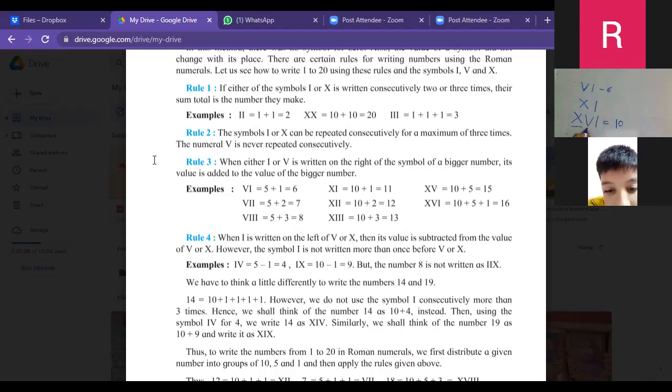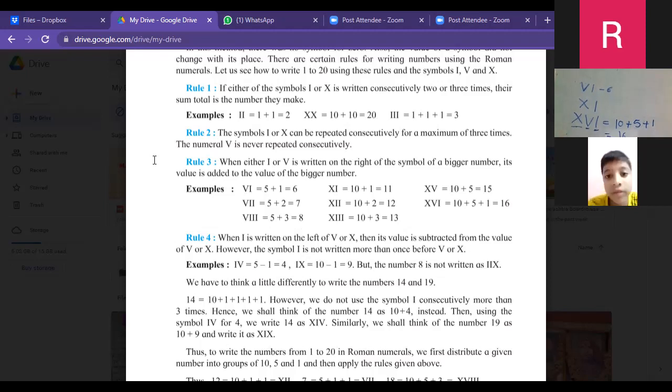Then afterwards, what is this? 5. So you have to add 5. Then what is this? 1. So you have to add 1. Then you have to do the total. 10 plus 5 plus 1. That is 10 plus 5, 15 and 1, 16. So this way you have to write the answer.